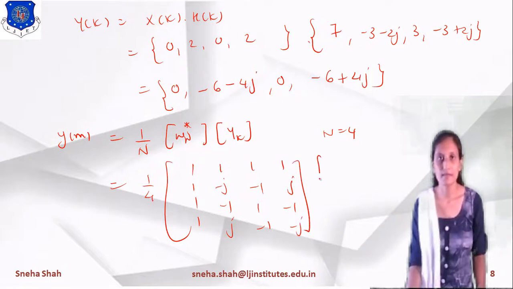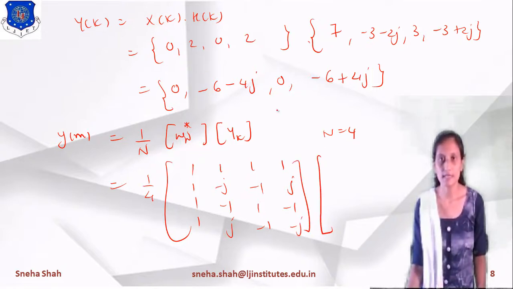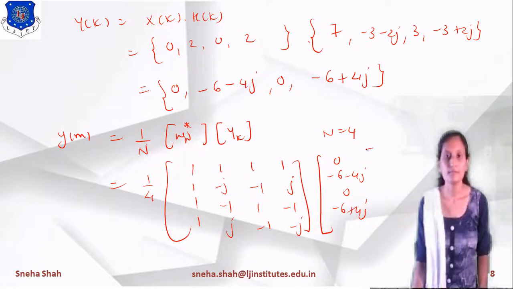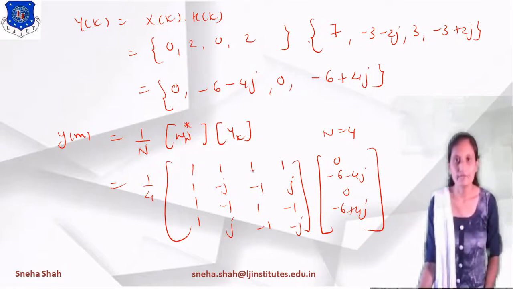This will be multiplied with this Y k. Y k will be represented in column form: minus 6 minus 4j, 0, minus 6 plus 4j. So instead of this twiddle factor matrix, we have to take the conjugate terms. So over here we take plus, this one is minus, minus, and this one is plus.